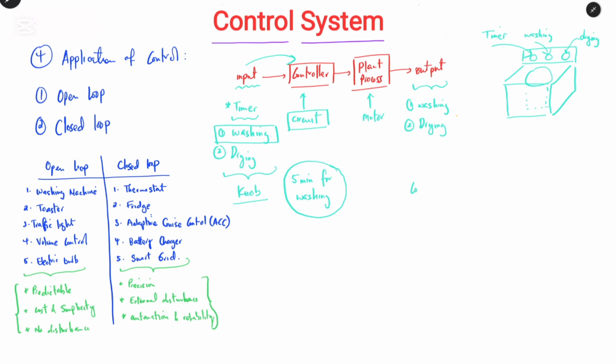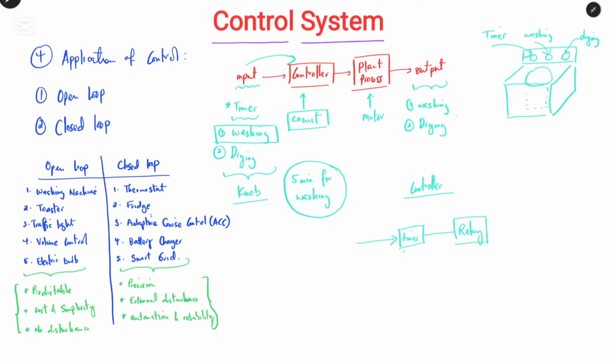Let us look closely at the controller. How can someone design a controller that can be responsible for such operation? We have the input, and we can have the timer and we can have a relay.